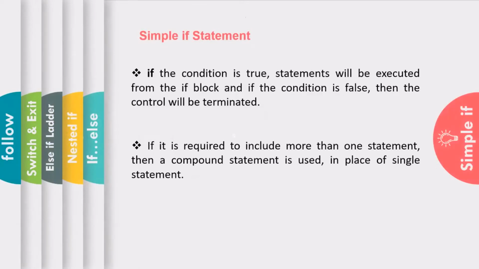If the condition is true, the statements will be executed from the if block. And if the condition is false, then the control will be terminated. If it is required to include more than one statement, then a compound statement or multi-line statement is used in place of a single statement.